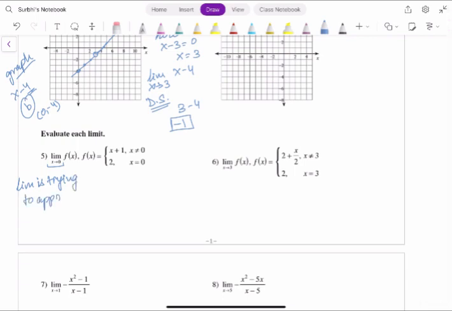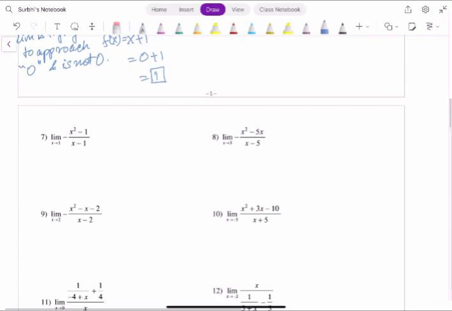Because it is not at 0, we cannot take the second function. The only function that is applicable in this case is the first function. So we can say f of x is equal to x plus 1. Right? So that will be 0 plus 1, which is nothing but 1, the final answer. Same way you can solve question number 6.